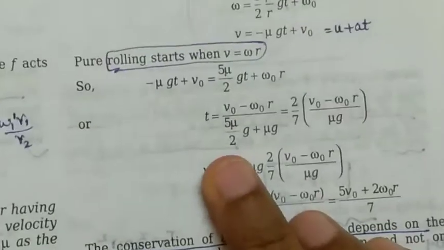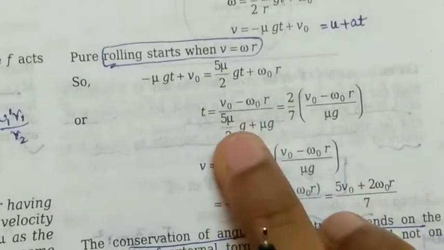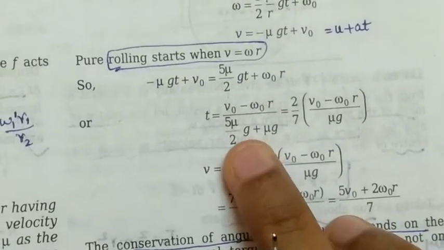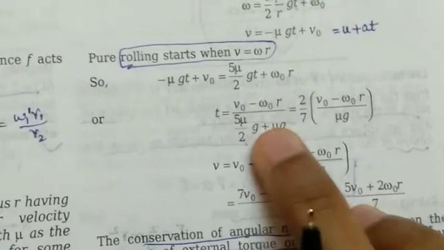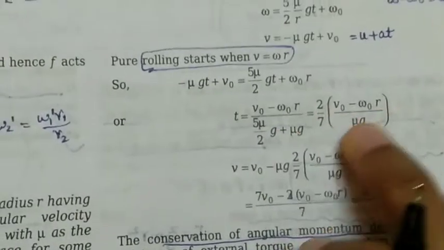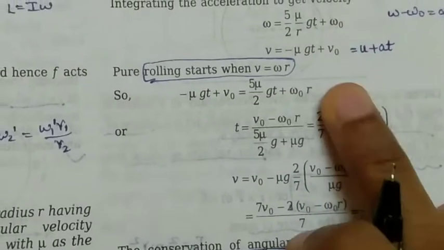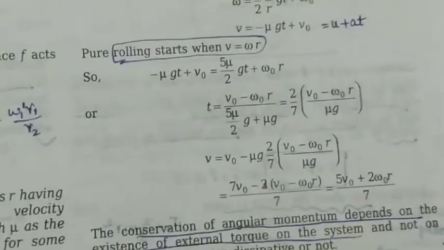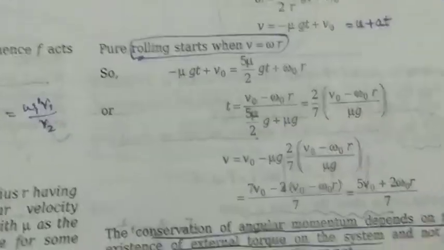And next we need to do simplification. If we take LCM here, 2 is the LCM, so 5 mu g plus 2 mu g, that is 7 mu g by 2. So 7 mu g divided by 2, sending the 2 to that side, we would have this, and so from this we have proved this point.